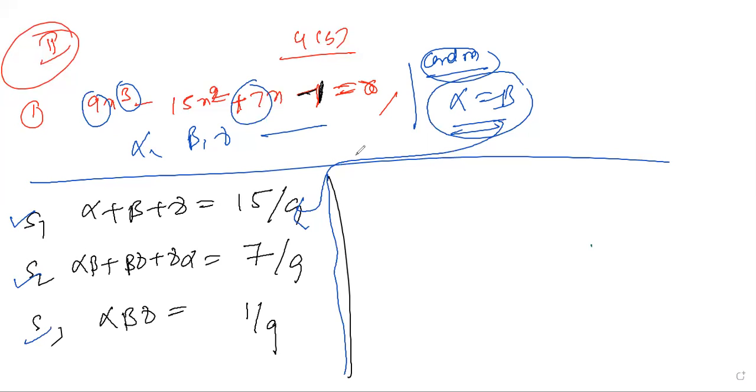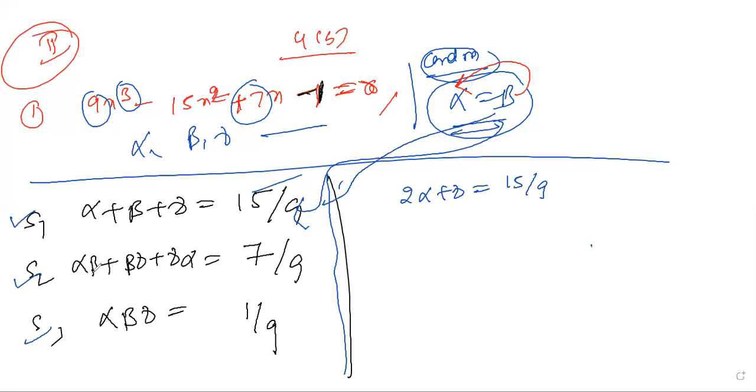Right, I'll substitute alpha is equal to beta in S1. Beta plus, I'll substitute alpha, so here it becomes 2 alpha plus gamma. Wherever beta is there, I'm substituting it as alpha. So 2 alpha plus gamma is equal to 15 by 9.